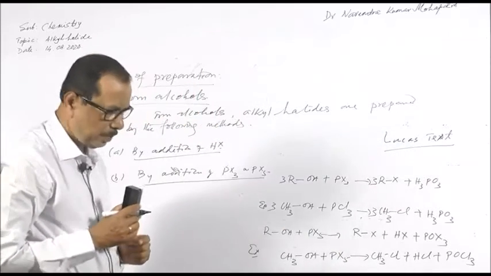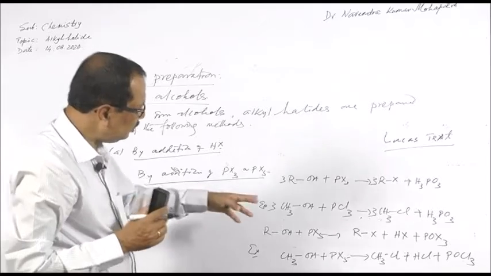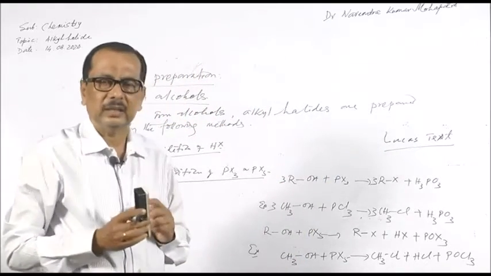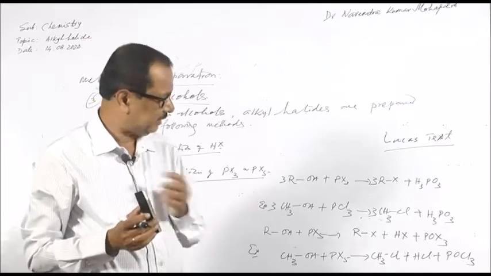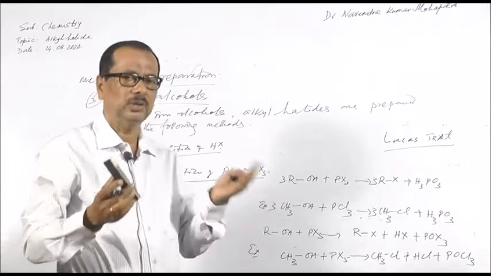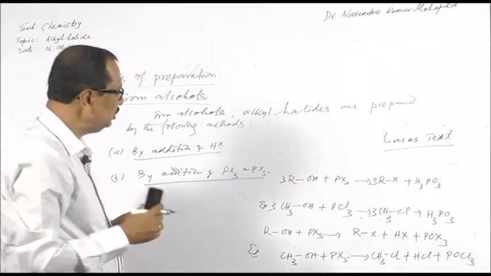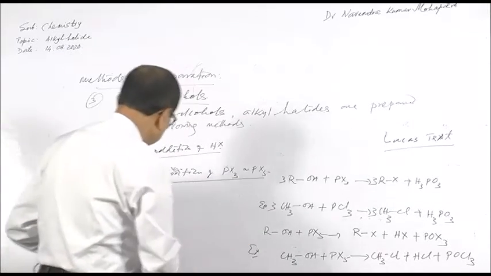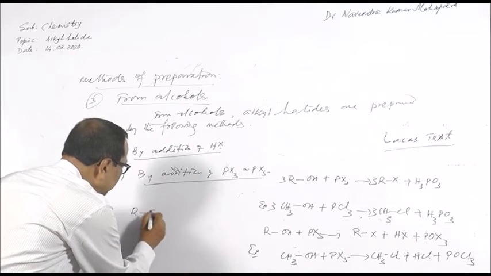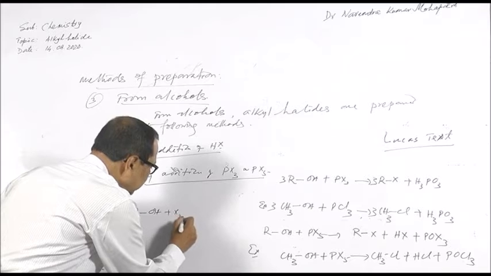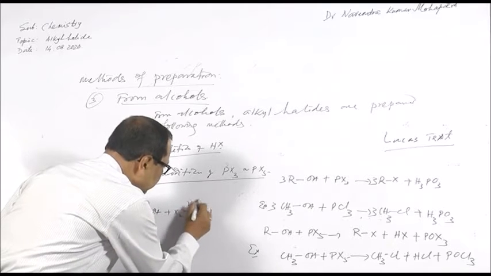Actually, instead of using PX3 and PX5, because these are explosive in nature, they explode if you use them carelessly. Instead, for this reaction we use ROH plus X2 in the presence of red phosphorus.